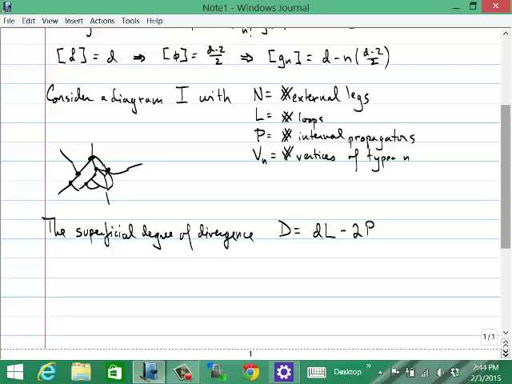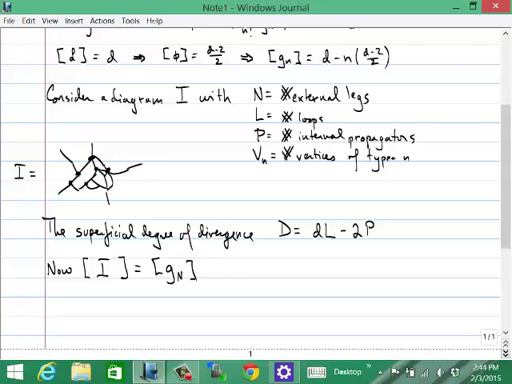Okay. So the first observation is, let's just think about this Feynman diagram I. So this was I. Now, I is a Feynman diagram, which is a shorthand for an integral, an equation. And one of the things we know about this Feynman diagram is that it contributes to a capital N endpoint vertex. That is to say, it must have the same dimensions as the coupling constant G sub N, right?